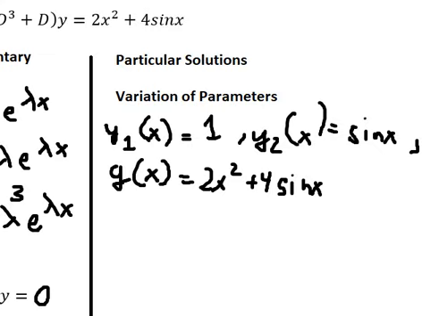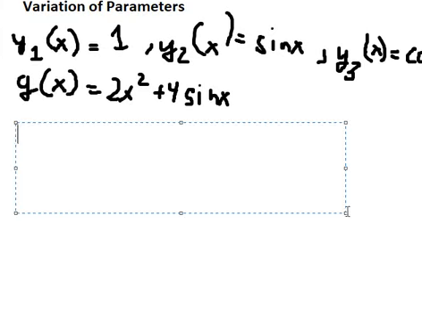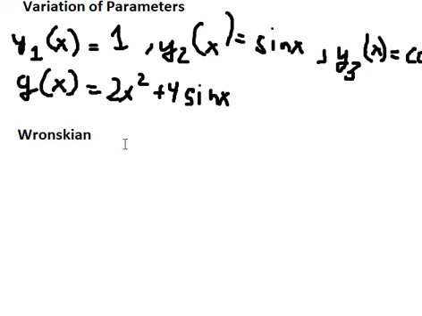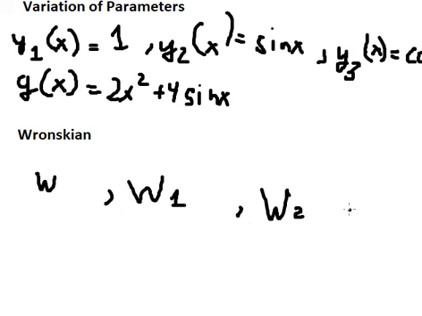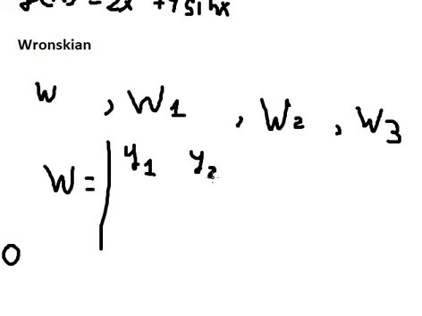Now, on the next one, we need to find the Wronskian. So in this situation, I need to find W1, 2, and 3. About the first one, we have y1, y2, y3.